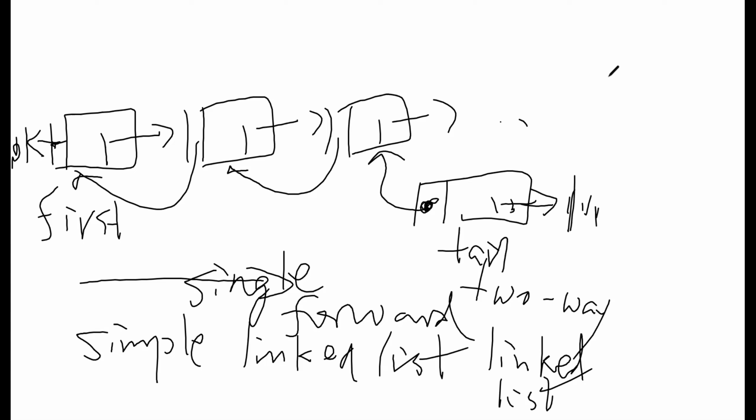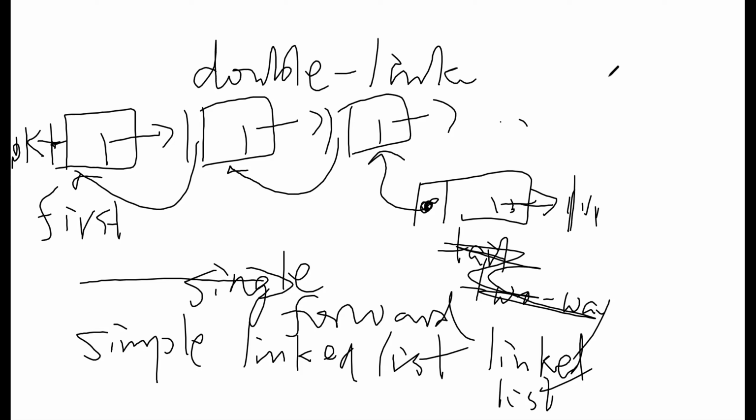So in this case, the official name, we call it a doubly linked list. You link not just forward, but also backward. From your current node, you can also track who is the previous node.